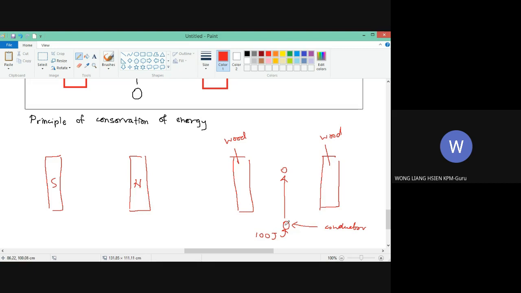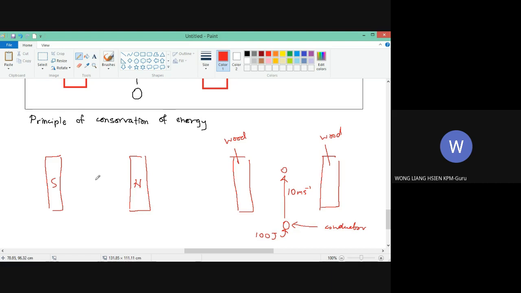Let's say I give the conductor 100 joule of kinetic energy, and the conductor passes through the wood with a velocity of 10 meters per second.